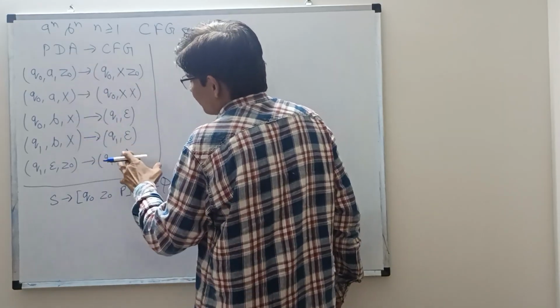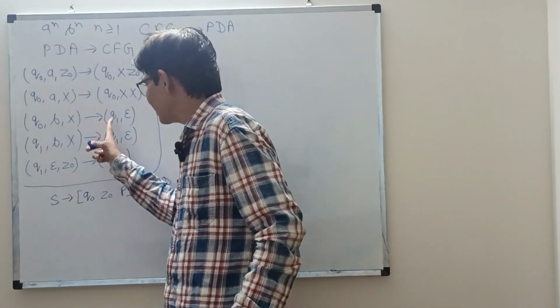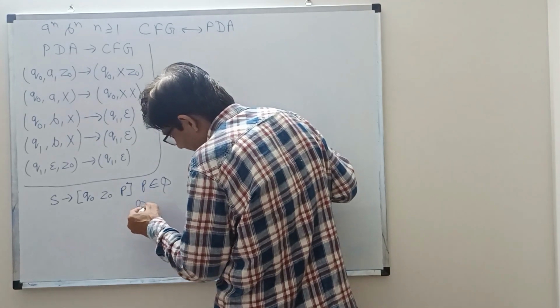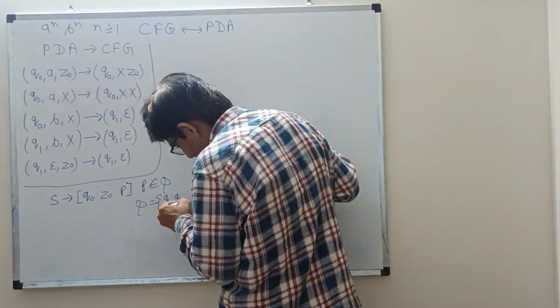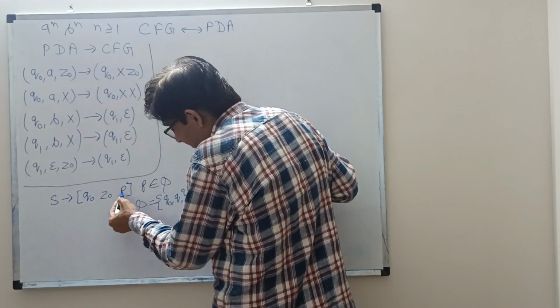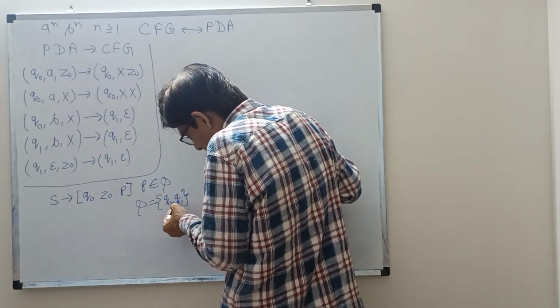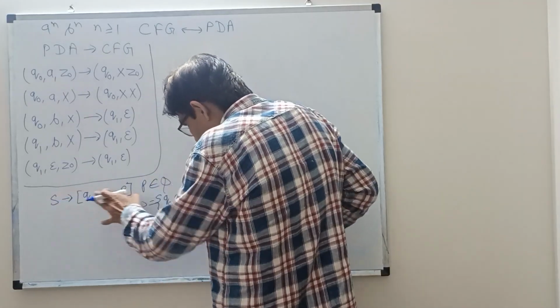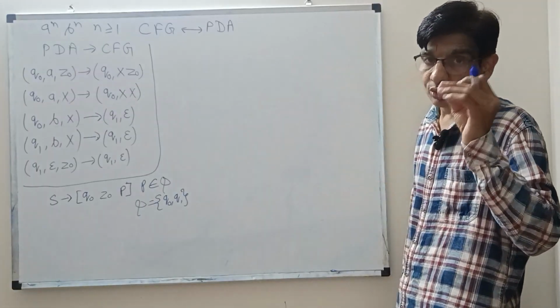In this particular PDA we have two states, Q0 and Q1, so Q has only two members, Q0 and Q1. Once I take Q0 in place of p, and then I take Q1 in place of p, in this example the start variable has two productions.